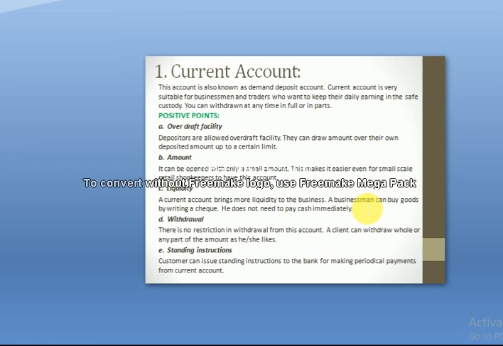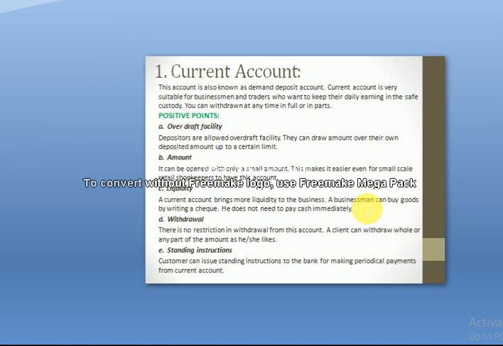There is no demand from the side of the bank that initially you need to open it with one lakh. No, this can be opened with a minimum amount. Nowadays in Afghanistan, if you have 1,000 Afs, you can open this account. You can even open it free.